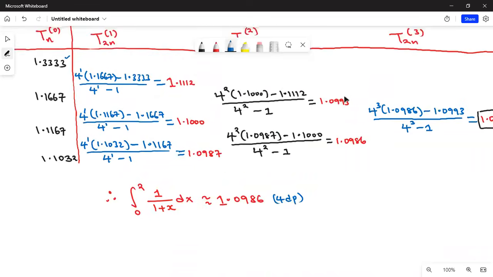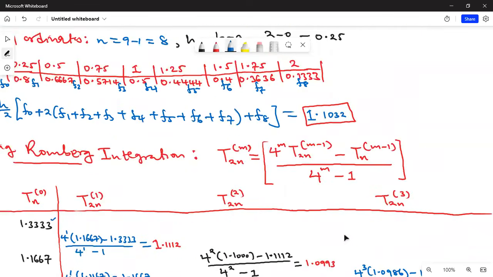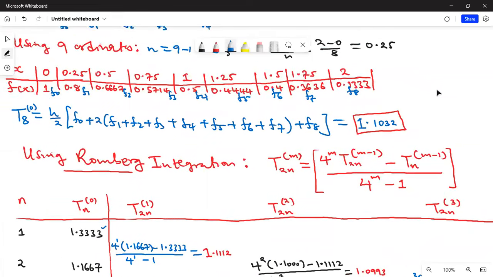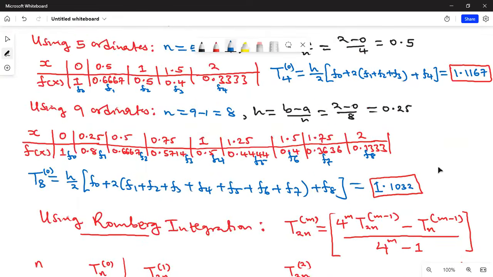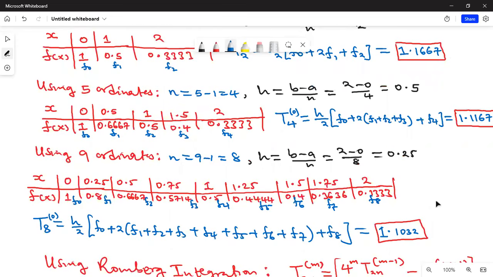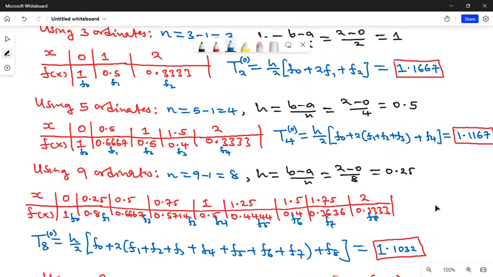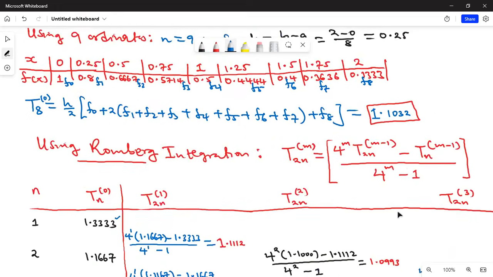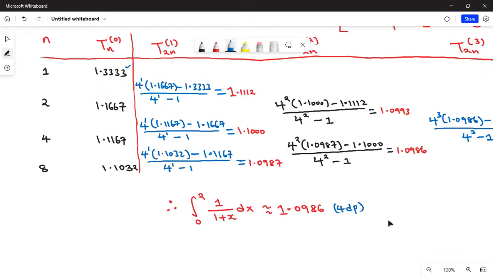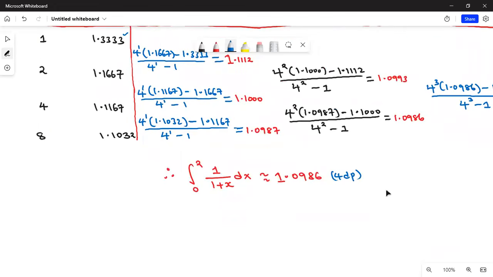And if you look at the exact solution, you realize that the Romberg approximation is better than all those values we got by using the trapezoidal rule. Let's see the exact solution so that you can take note of that.